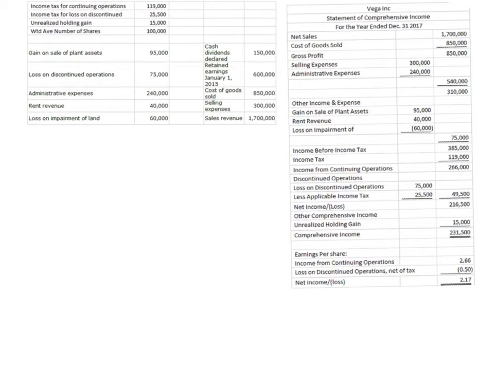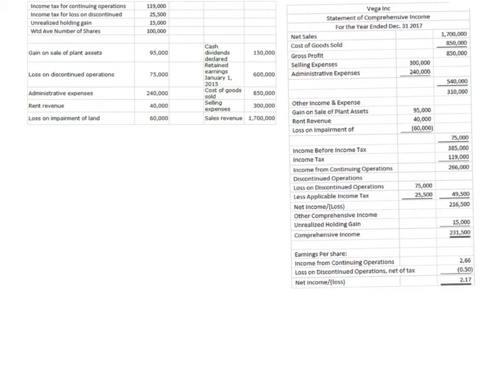Selling expenses, sometimes they're given to you in a list and you have to add them up. But for our example here, we just know that selling expenses are $300,000 and administrative expenses are $240,000. Now there's a nice thing about accounting underlines.